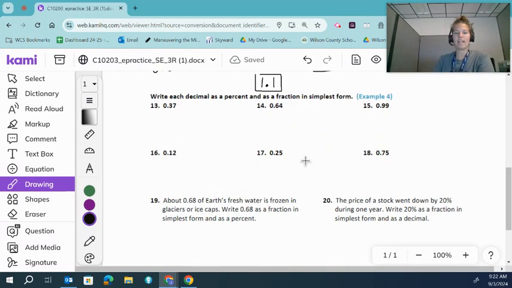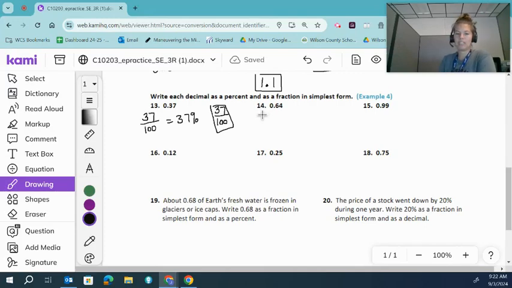Write each decimal as a percent and fraction. So 0.37, this is 37 hundredths, so we can immediately turn that into our percent, which is going to be 37%. And then we can write that as a fraction in simplest form, 37 over 100, and that does not simplify.